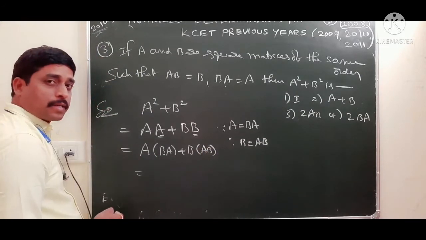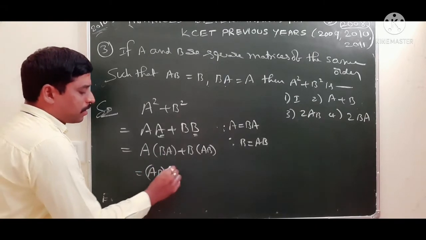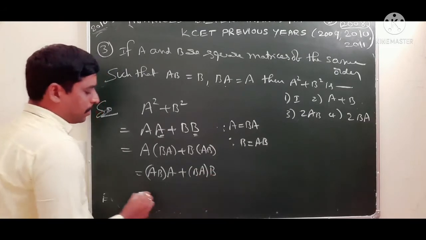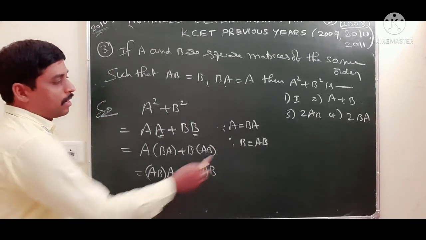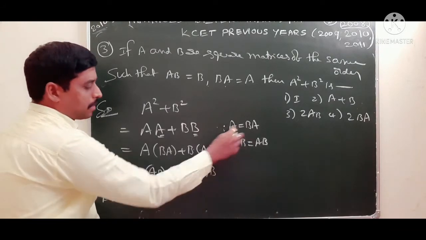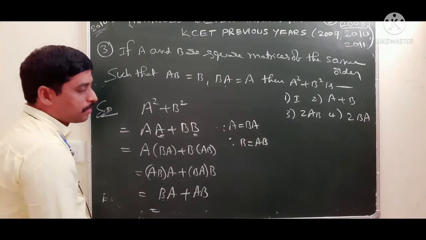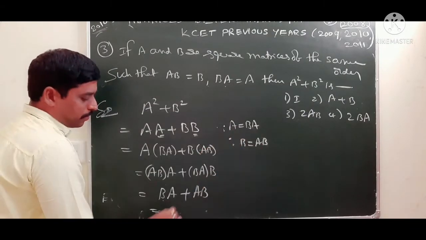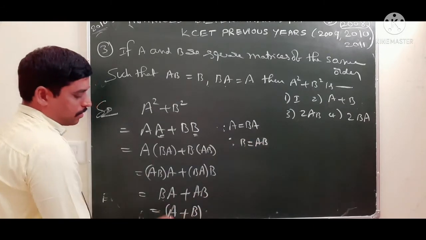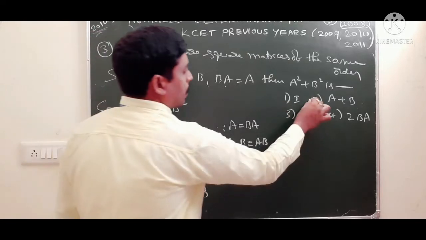Matrix multiplication satisfies the associative property, so this is nothing but AB of A and BA of B. Replacing, BA is nothing but A, and AB is nothing but B. So A square plus B square is equal to A plus B. Second option is correct.